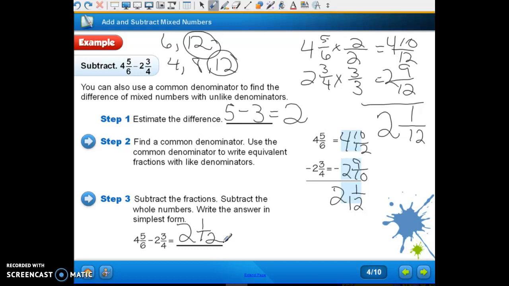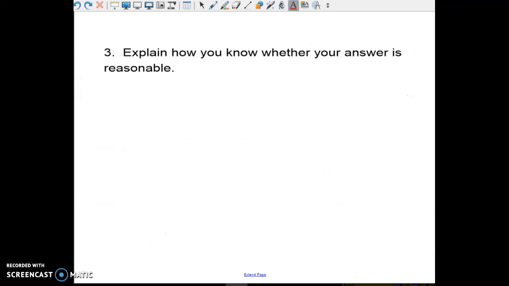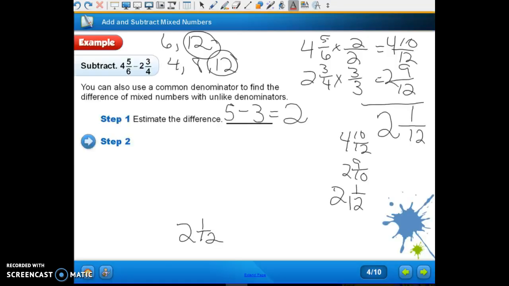Now we're going to work on the explain on page 266. It asks us, how do we know whether our answer is reasonable? It's as close to the estimate. If we compare our estimate, what was our estimate? 2.